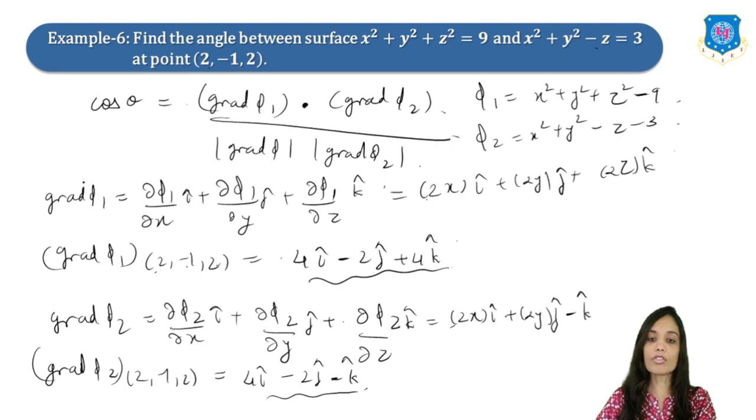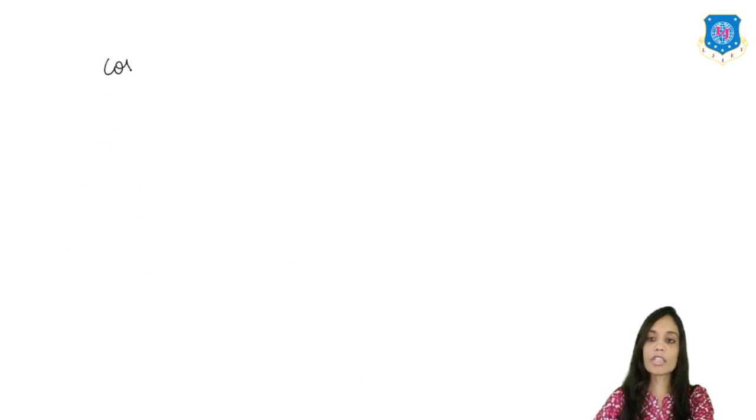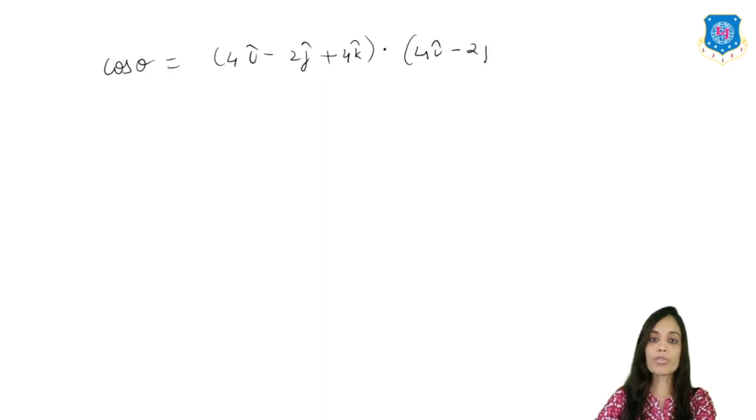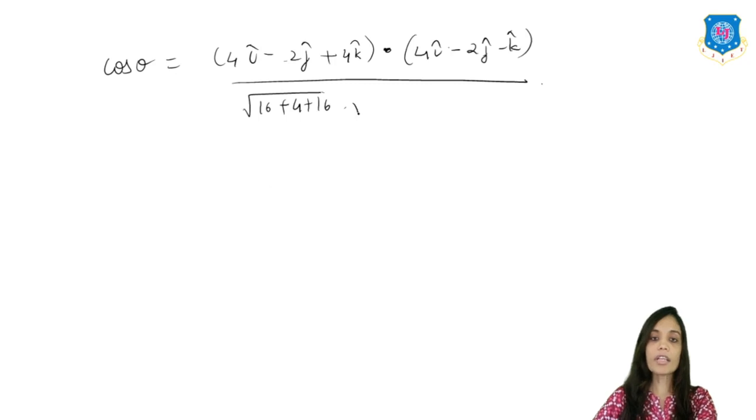Now let us find the value of cos theta. So cos theta is equal to (4 i cap minus 2 j cap plus 4 k cap) dot (4 i cap minus 2 j cap minus k cap). This is dot product, right? Upon we have to write the magnitude of both these vectors. So here it will be square root of 16 plus 4 plus 16, into the magnitude of this, which will be square root of 16 plus 4 plus 1.